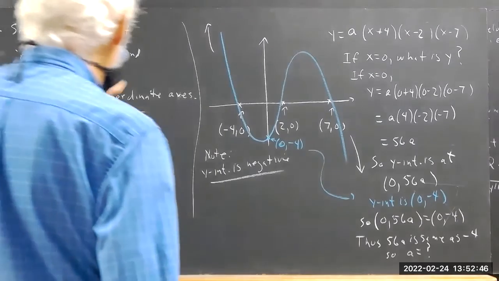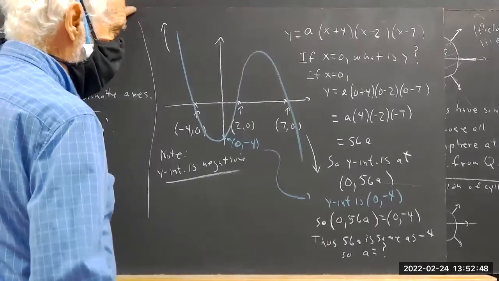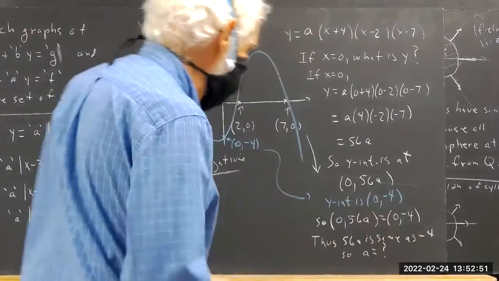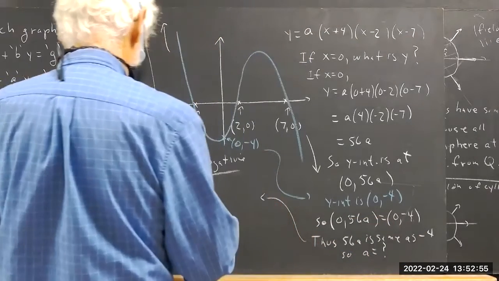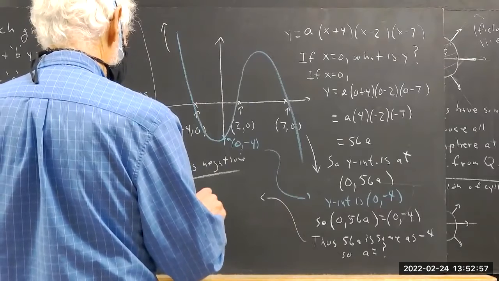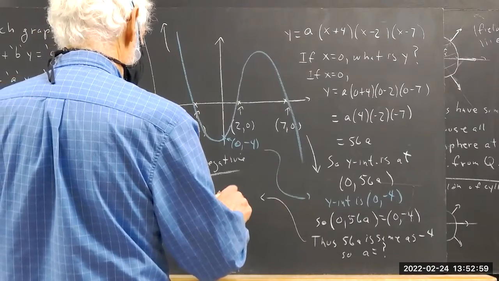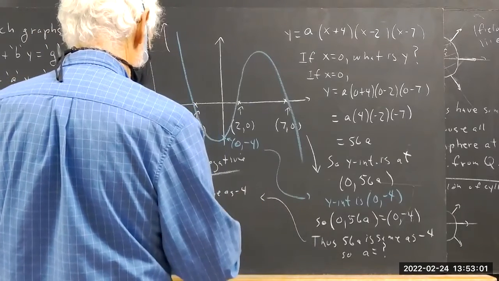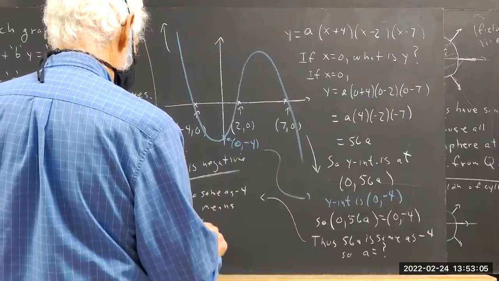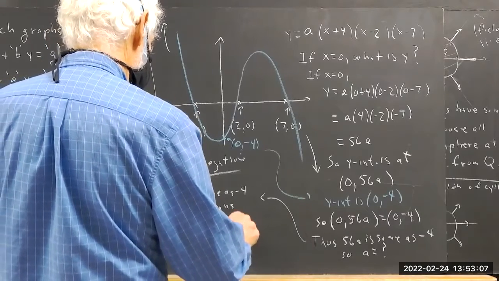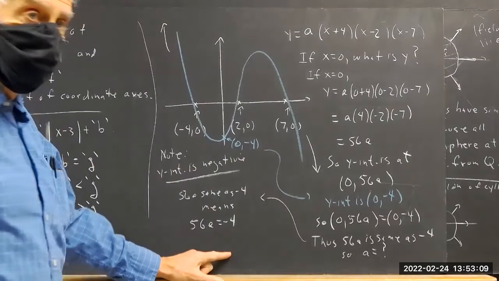Okay, well, say that 56a is the same as -4. That means that 56a equals -4, right?